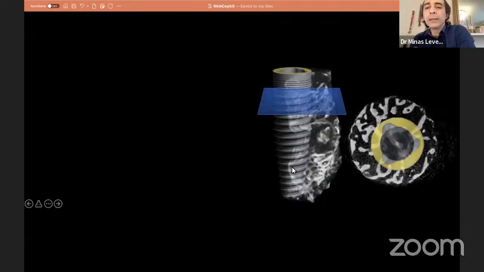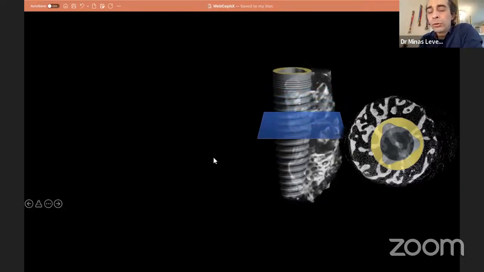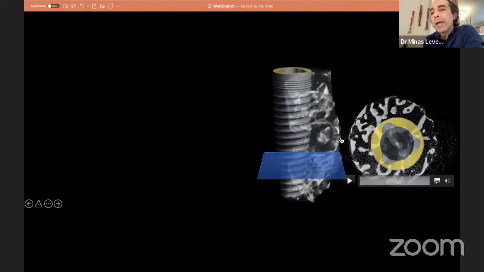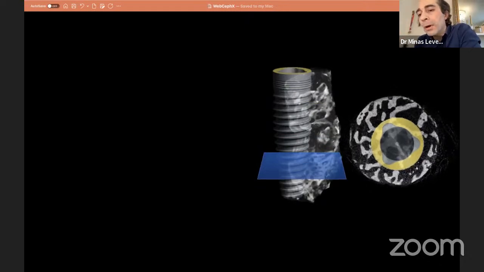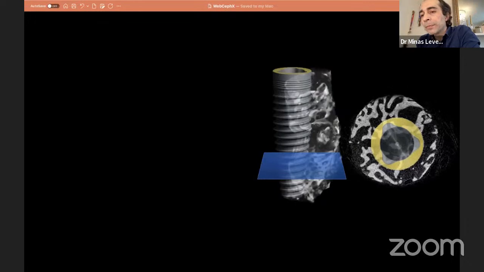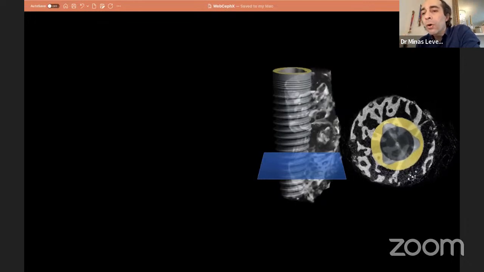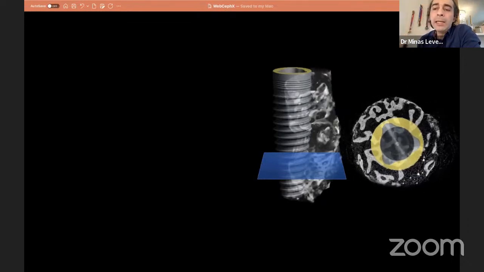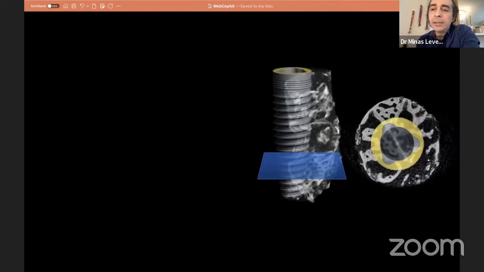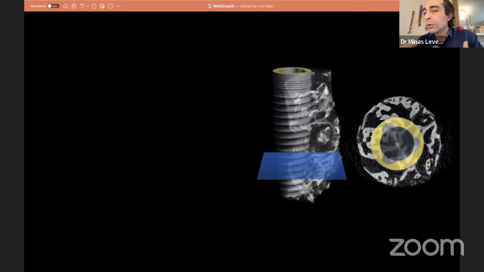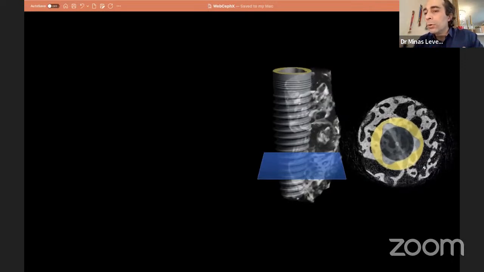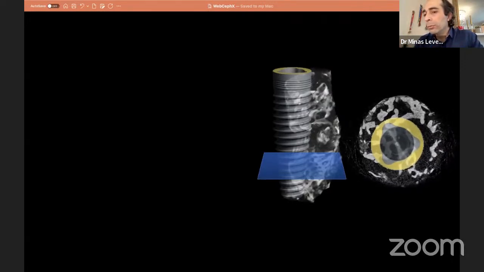So if I go to my 3D micro-CT scanner and I scan this from top to bottom, this is the axial view, and we go from the cervical to the apical part, we can see that in all the volume, my implant, if it's placed in this tissue, will be surrounded by good architecture, good quality, and good volume of trabecular newly formed bone.